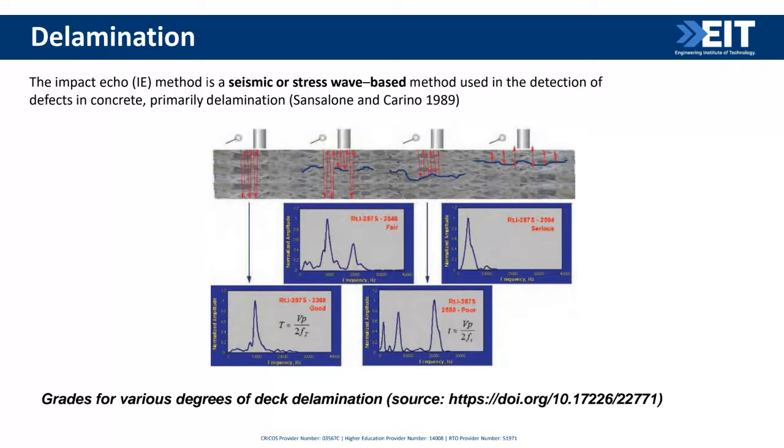It's possible to understand. It depends on the depth of the reflector. You can obtain the return frequency. And when you compare different situations, you can rank them into fair, or very serious, and poor. It's always good to have a reference, right? Then you can compare the other ones.